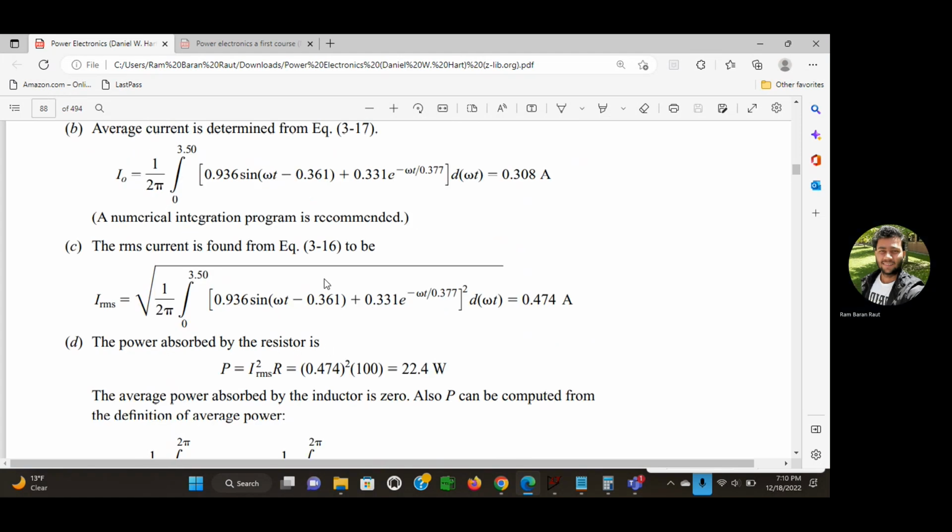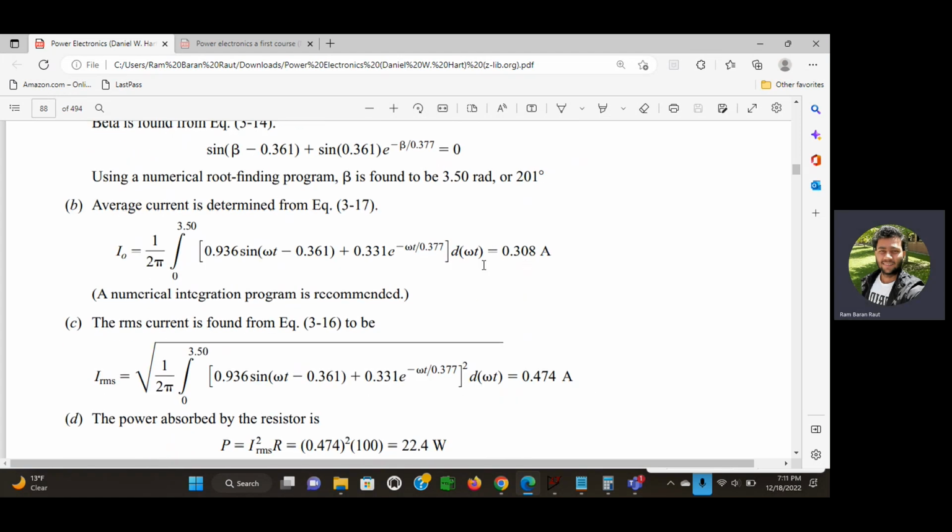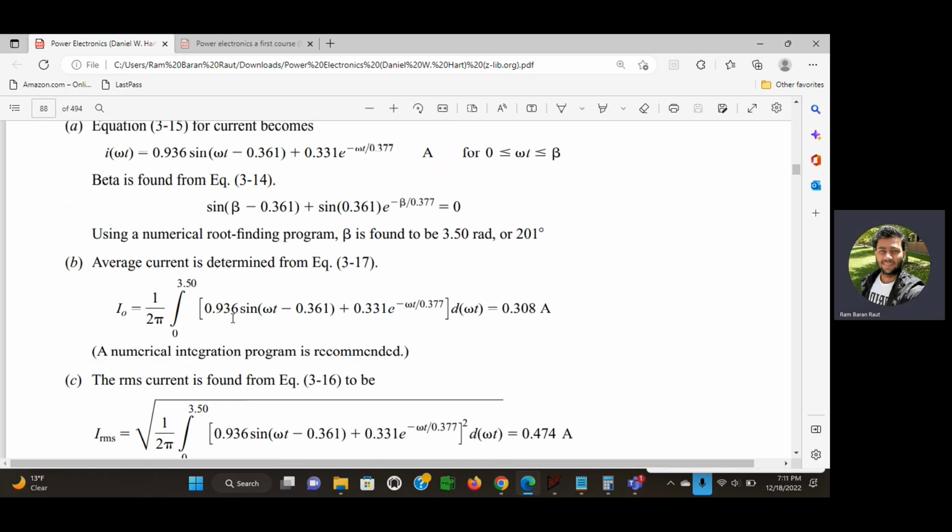Now we are going to compare this value to the average value already calculated in this example. They use this integral to find the average current, but with LTspice we are just going to measure that value.